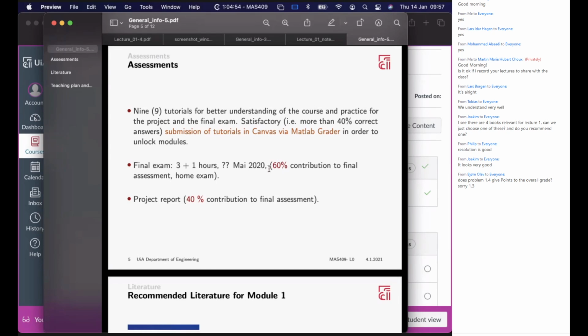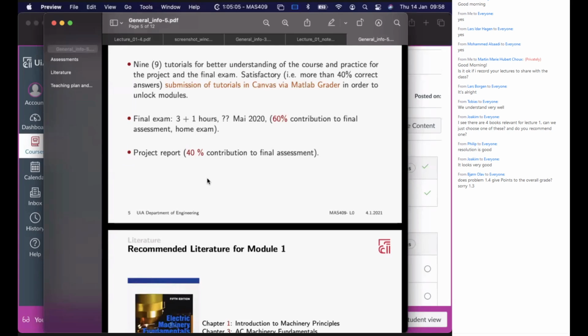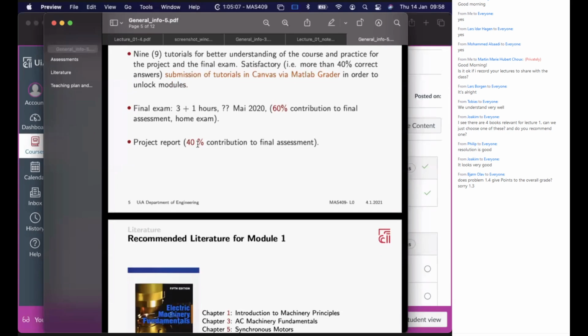And this will account for 60% of the final grade, because 40% will be on a project. And the project will start after we are finished with 9 lectures. So the first 9 weeks will be only lectures and tutorials, and then the remaining will be project.